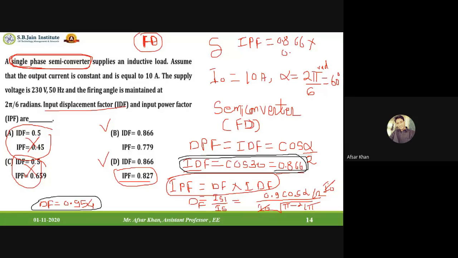The value is 0.827. Option D is correct then. Mark the answer for this question as option D, 0.866 and 0.827. Okay, we got this.